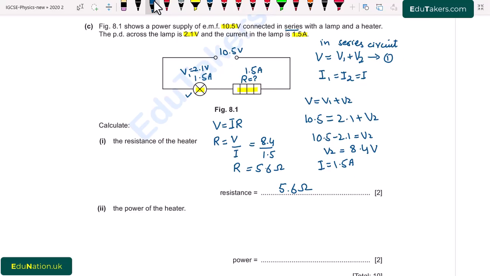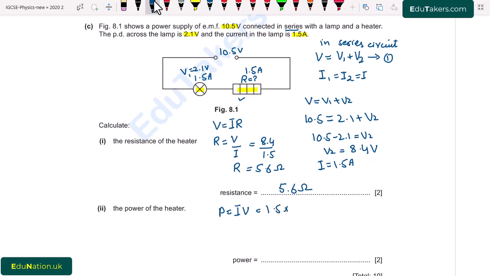Part 2, the power of the heater. Here we have to calculate the power of this heater. So it is the heater, we have to calculate the power of this. And we know that the formula of power is P is equal to the product of potential difference and current. So here we know the value of potential difference and current.